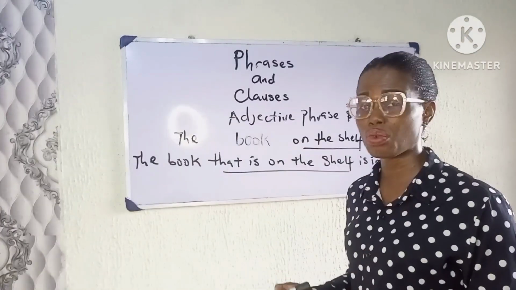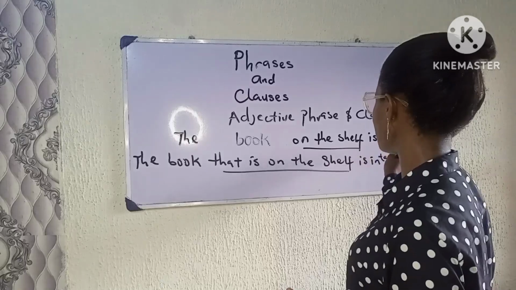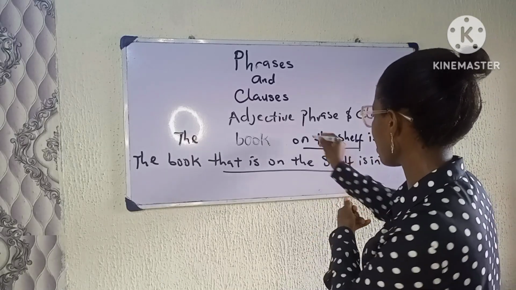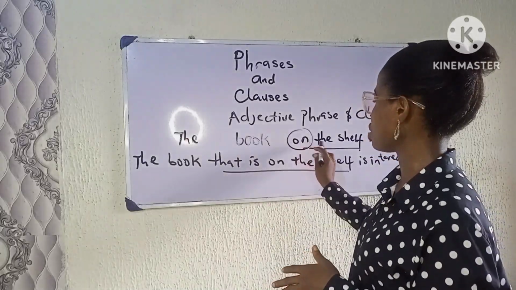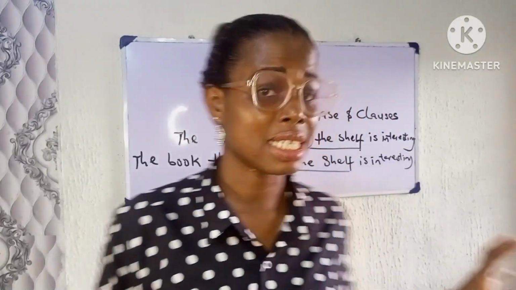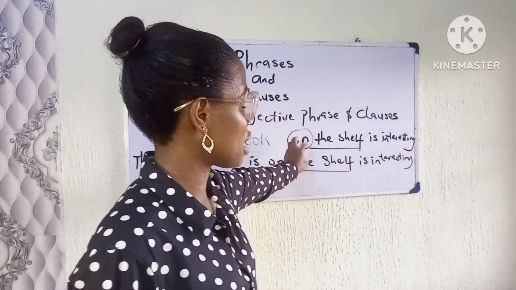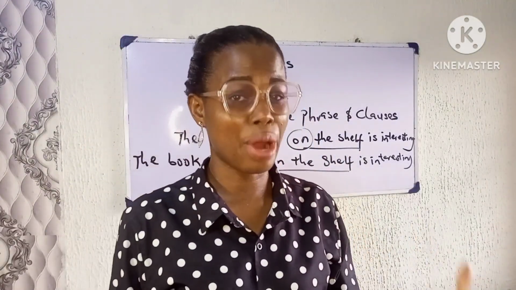The book on the shelf is interesting. Now we have on here. On is a preposition. So this is an adjective phrase. It begins with a preposition. Adjective phrases usually begin with prepositions.